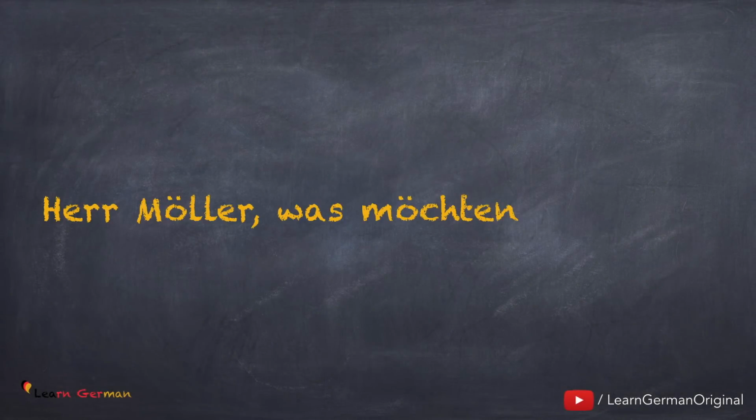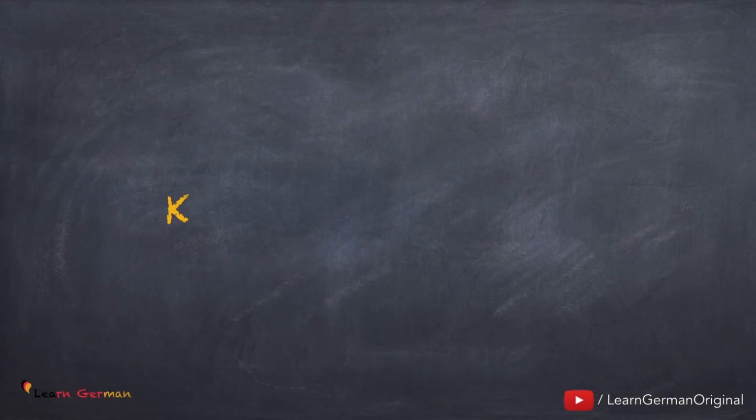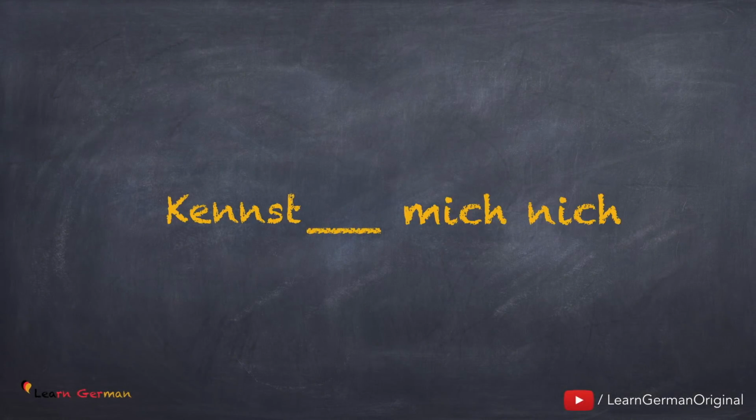Let's move on to the next one. The answer is, Herr Müller, was möchten Sie essen? Here's the next one. And your answer should be, kennst du mich nicht?